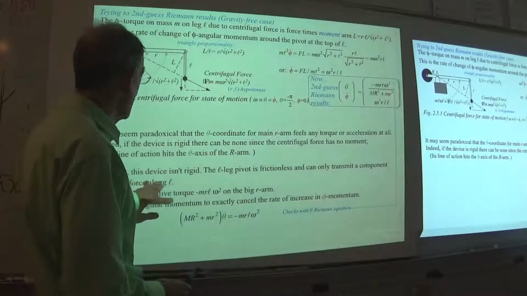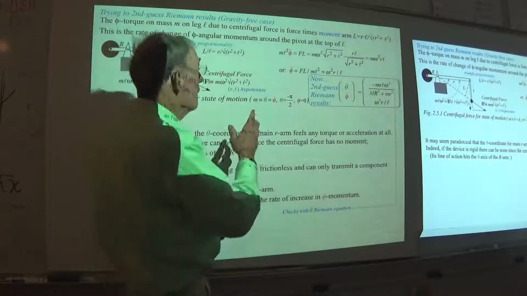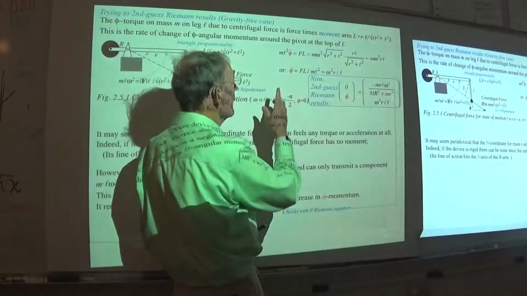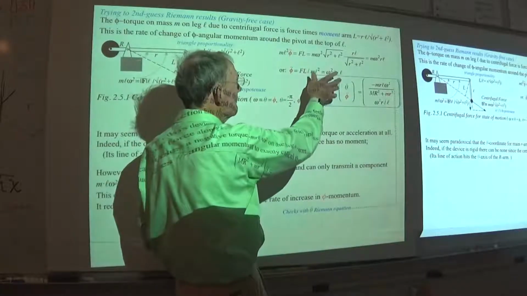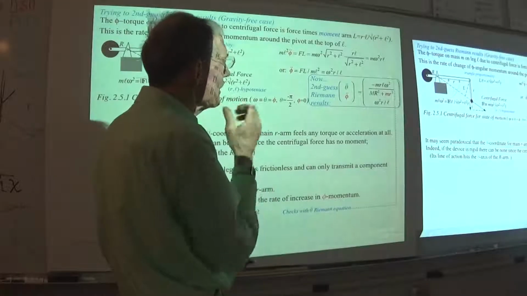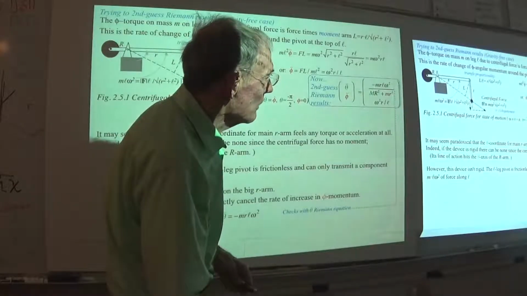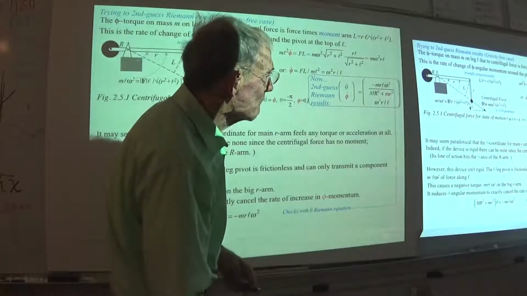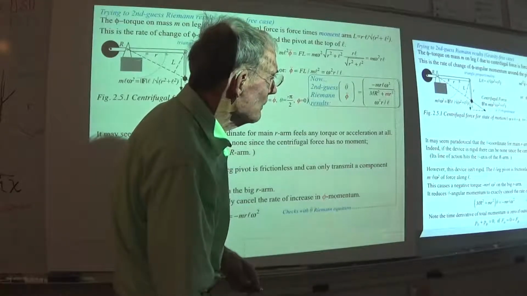This is a force along L, but we also have, let's see, this is the L squared phi dot. Kind of lost my track. You can see the second-guessing is not easy with these Lagrangian problems. In any case, that does check with the Riemann equation.